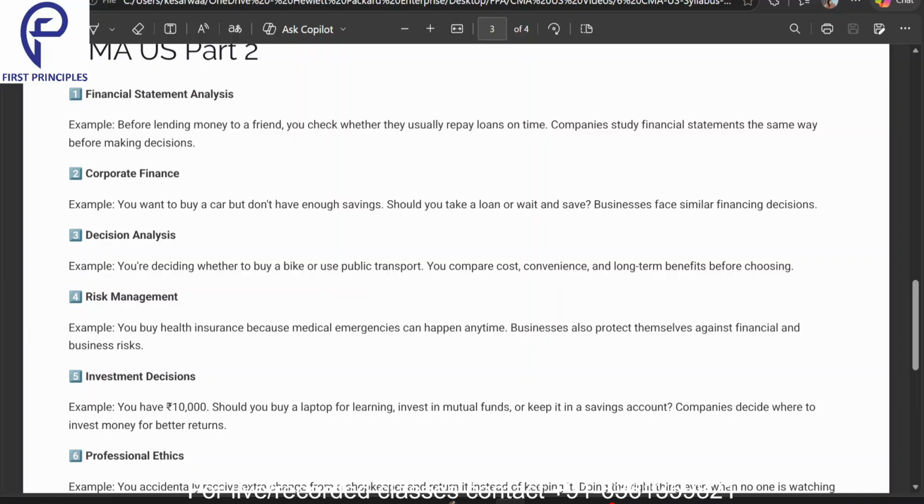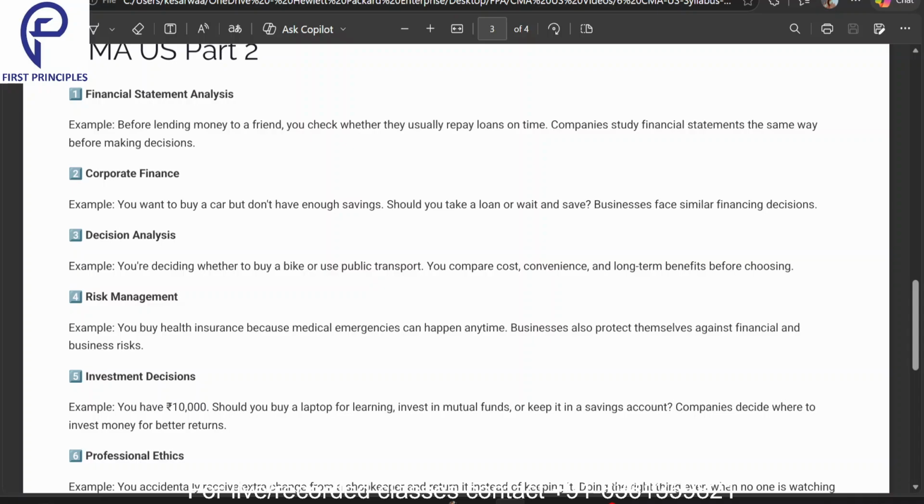From a business's perspective, suppose a business has to make a very huge expenditure and doesn't have that amount of money in hand. They can take a loan, or they can wait for some time, and in the future when they have enough savings, they can carry out that expenditure. That's what we study in corporate finance.